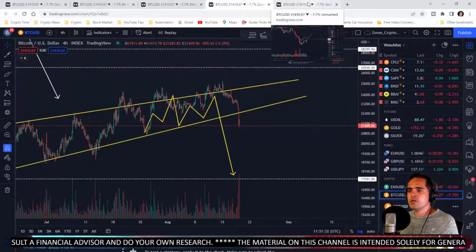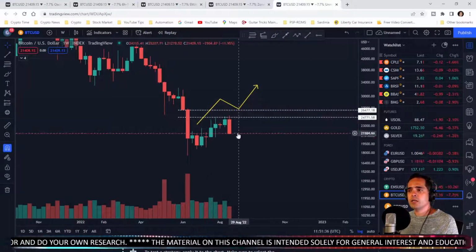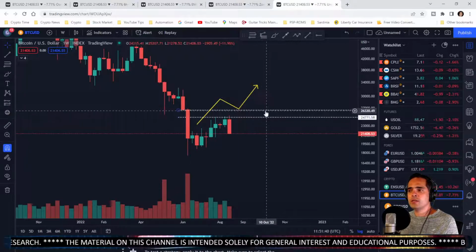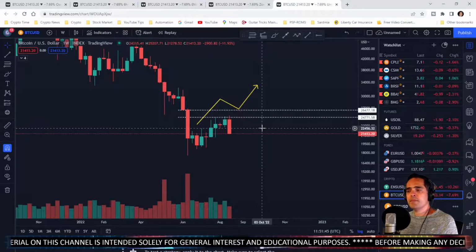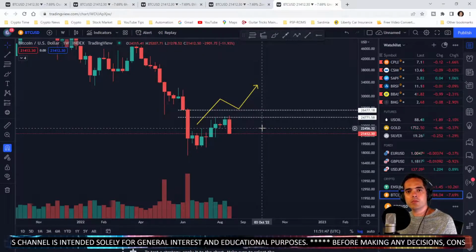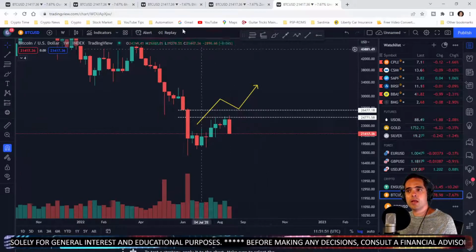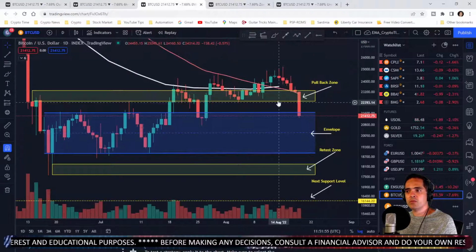Let's go and change to another one. Here is the weekly chart, and those two white lines here represent the possible pullback zones, as I said back in this one. So we have the pullback zone here.